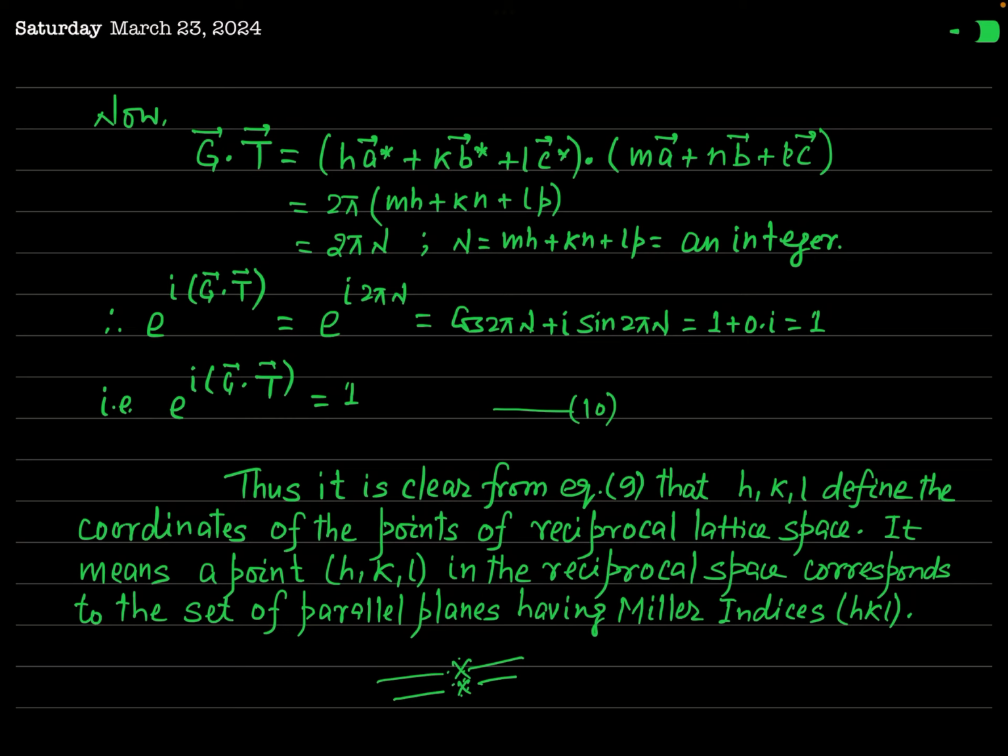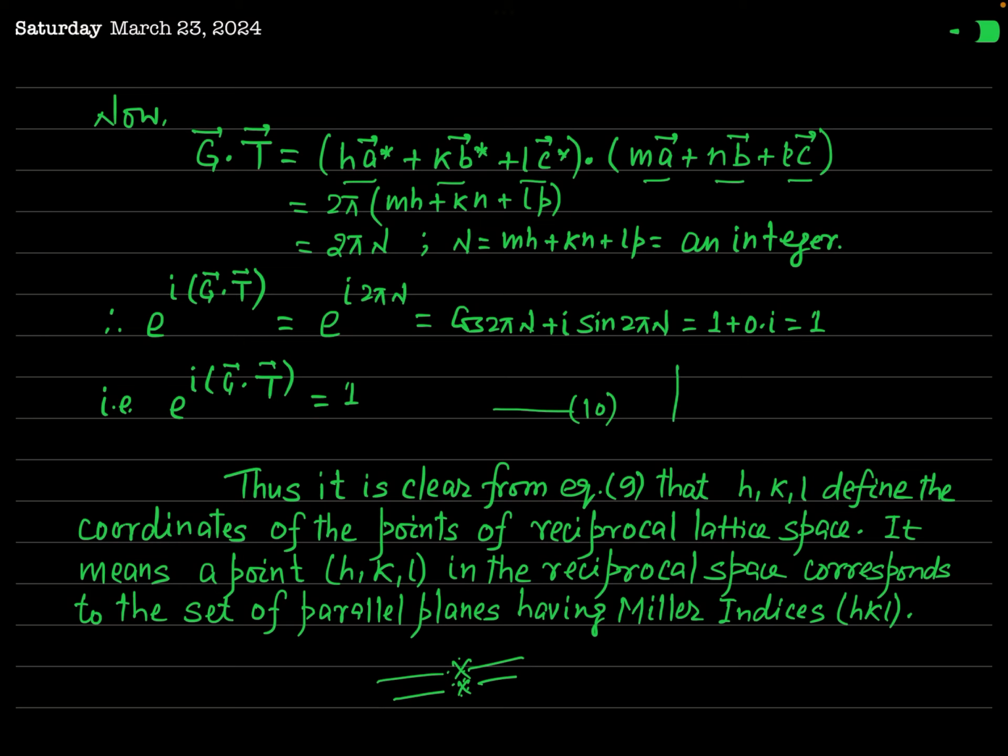As you know, G you have written this is HA star plus KB star plus LC star, and T is equal to MA plus NB plus PC. Okay. Now take the scalar product.